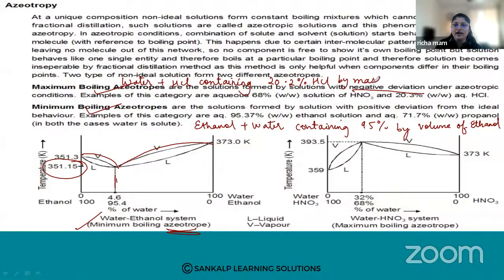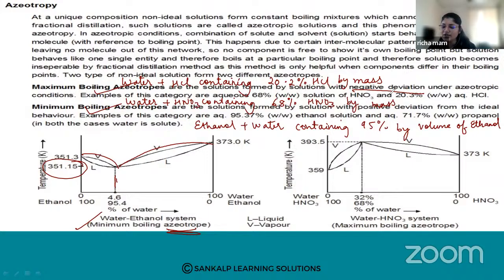And one more example, water plus HNO3, water plus nitric acid, containing 68% nitric acid by mass. So these are the two examples.